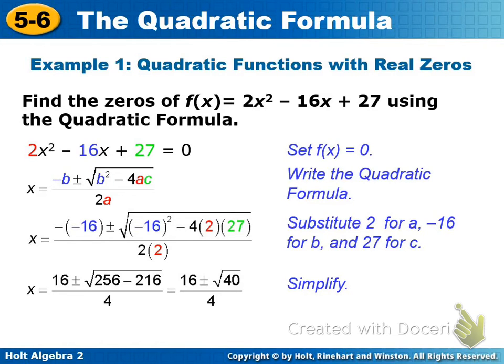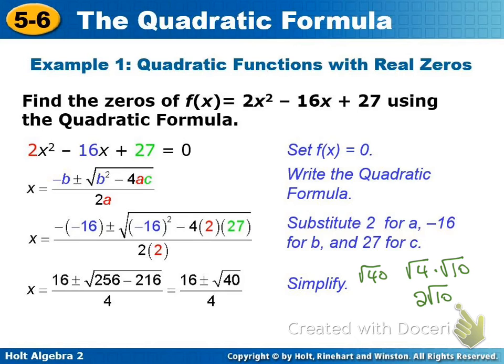Now, square root of 40, what can we do with that? This is one of those on your list, right? What's the perfect square inside of it? 4. Very good. So square root of 40, we break down into the square root of 4 times the square root of 10. So the 4 becomes 2 on the outside, and the 10 stays on the inside, right?